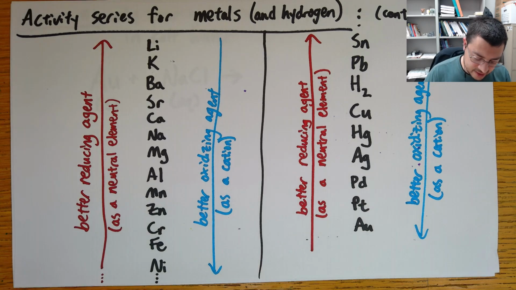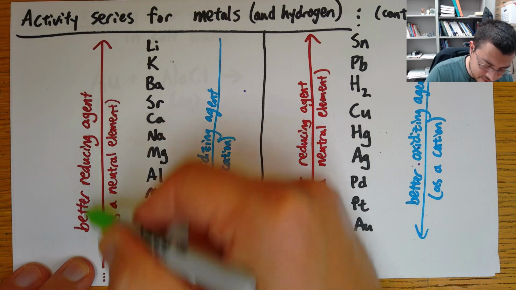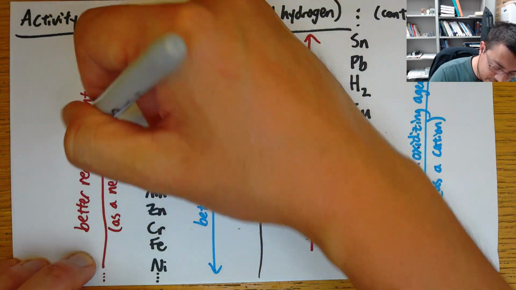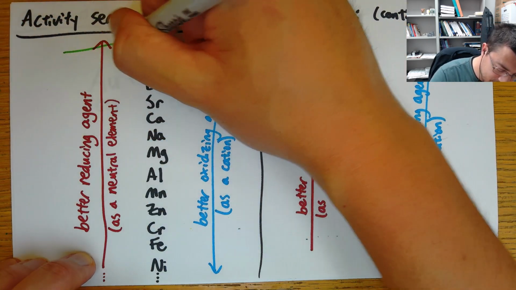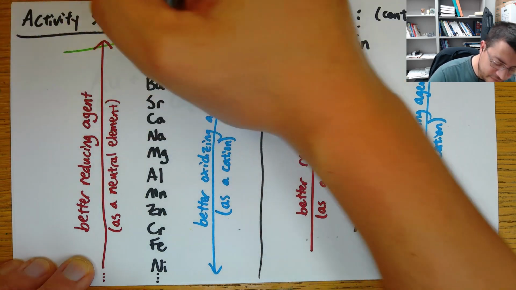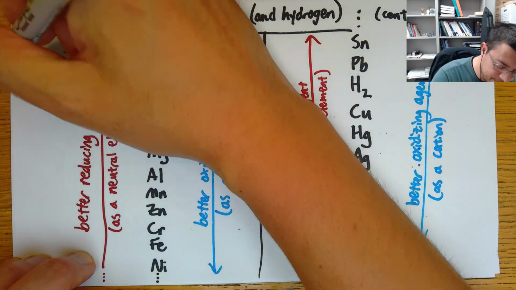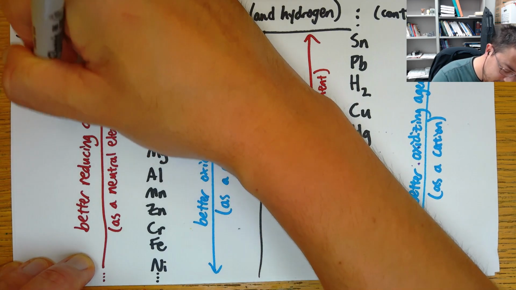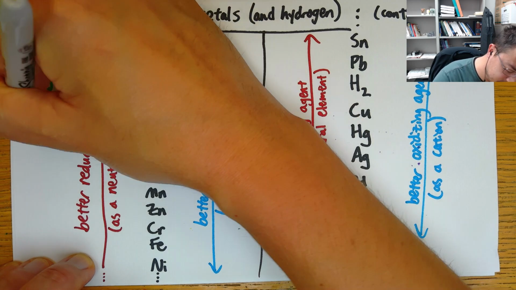Everything at the top here is a better reducing agent, starting with lithium. Lithium, out of all the elements listed, is the best at giving away electrons.